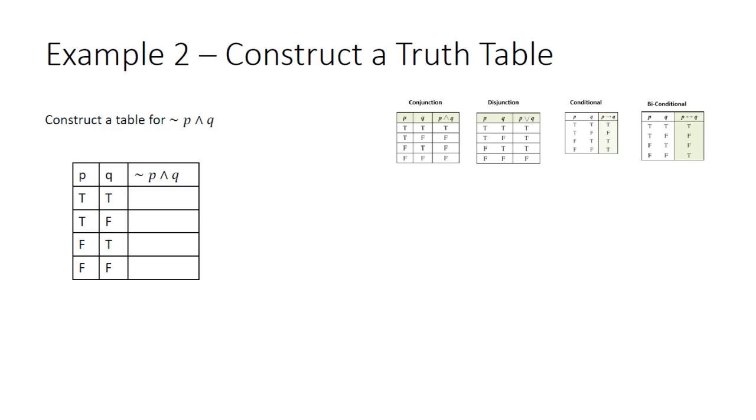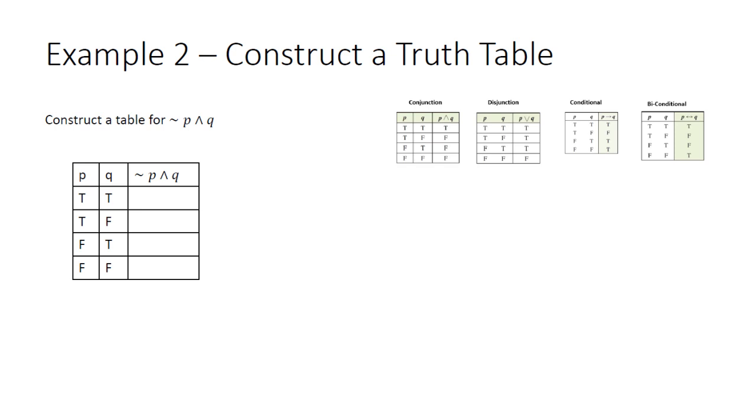As mentioned, there are two variables, P and Q. So start by writing two columns, one for P, one for Q. We know that we're going to have 4 rows, since with two variables there are 4 possibilities of truth values. So usually I write them in this exact order: the first row will be true, true, then true, false, then false, true, and false, false.